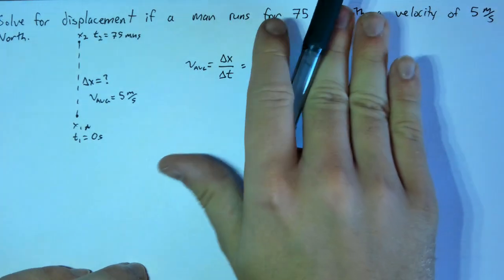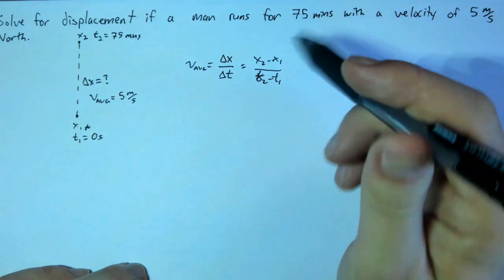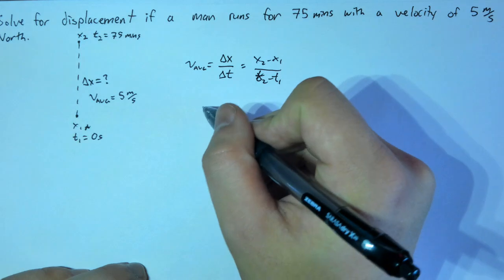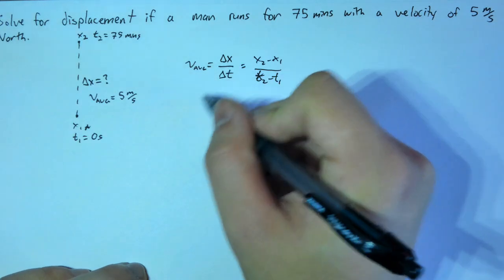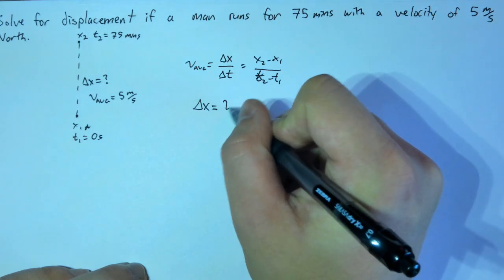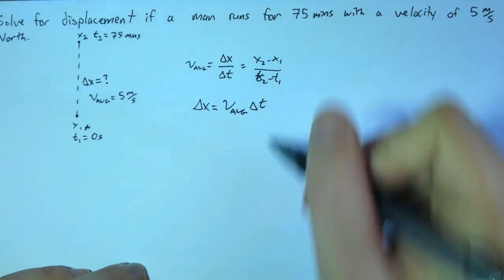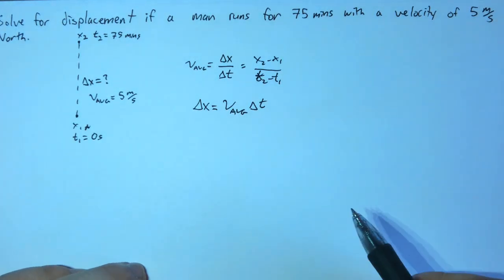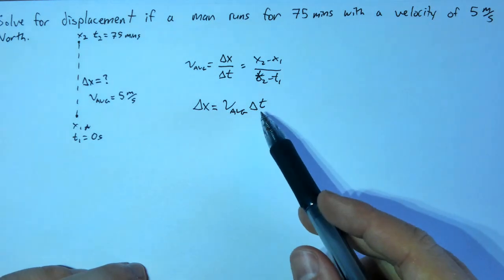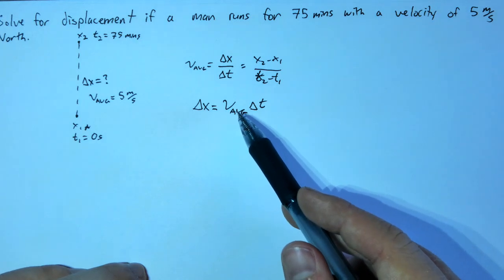I'm not going to use this form, I'm just going to use the delta form. So we want to solve for displacement, so we just multiply time to the other side, and our displacement is equal to our average velocity times our change in time. So our change in time is 75 minutes, our velocity is 5 meters per second, and so we have everything we need to solve.